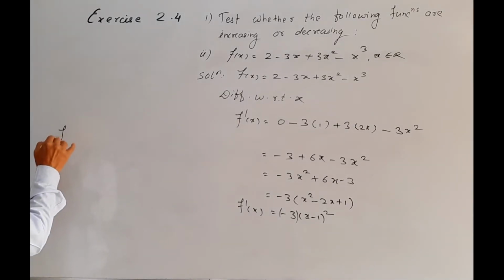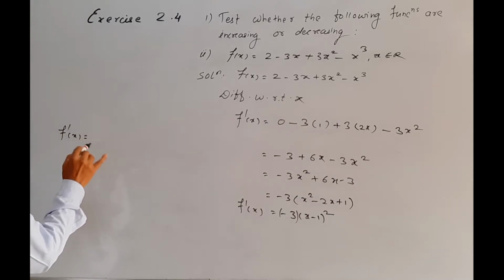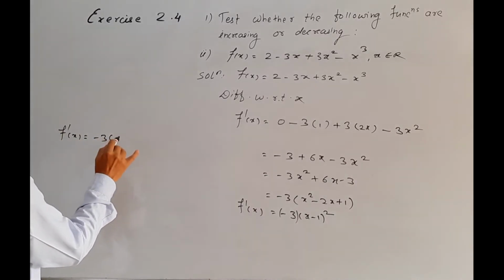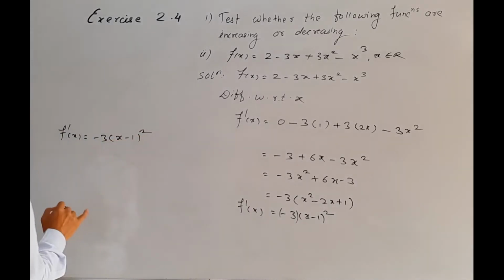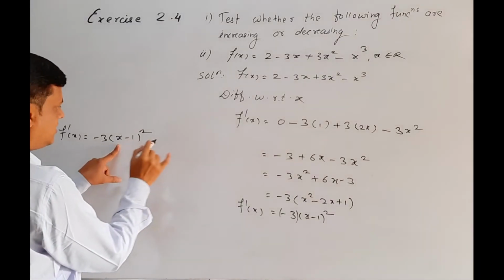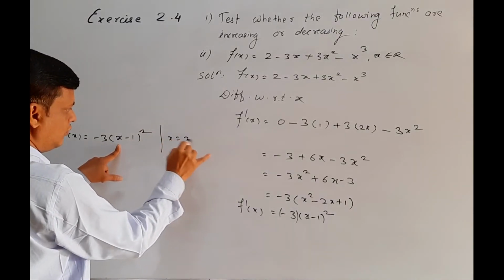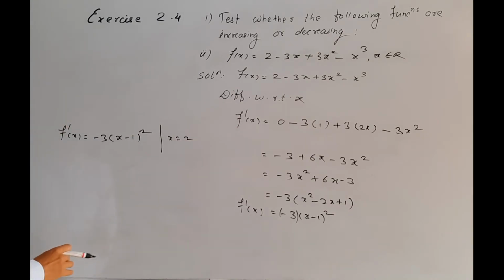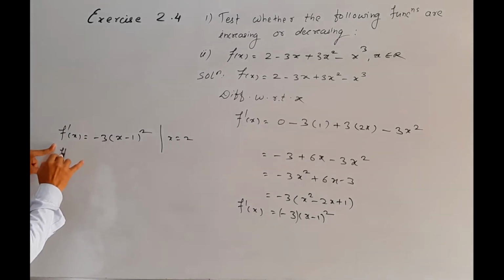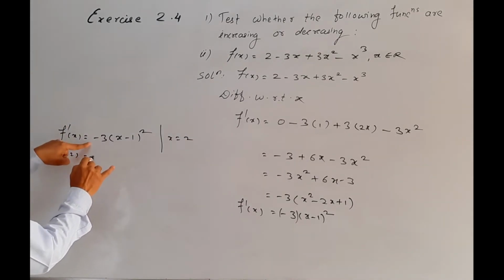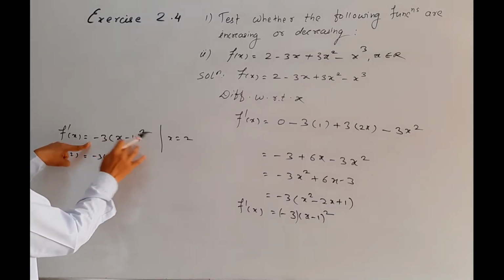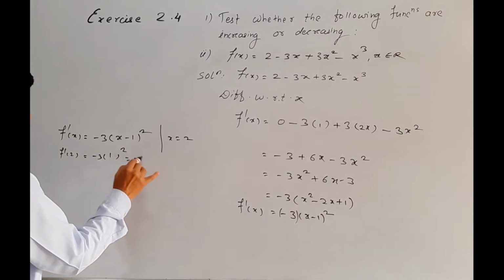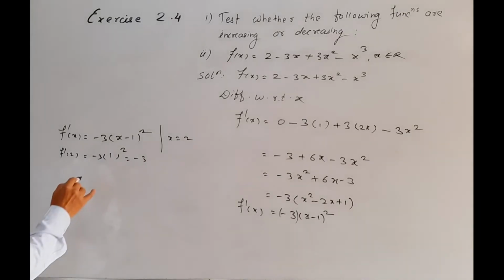So see here f dash of x is equal to minus 3 into (x minus 1) bracket square. Now we check for x equals 2. So for x equals 2 we get here f dash of 2 is equal to minus 3 into (2 minus 1) which is 1, so 1 square, which is equal to minus 3. Therefore f dash of 2 less than 0.